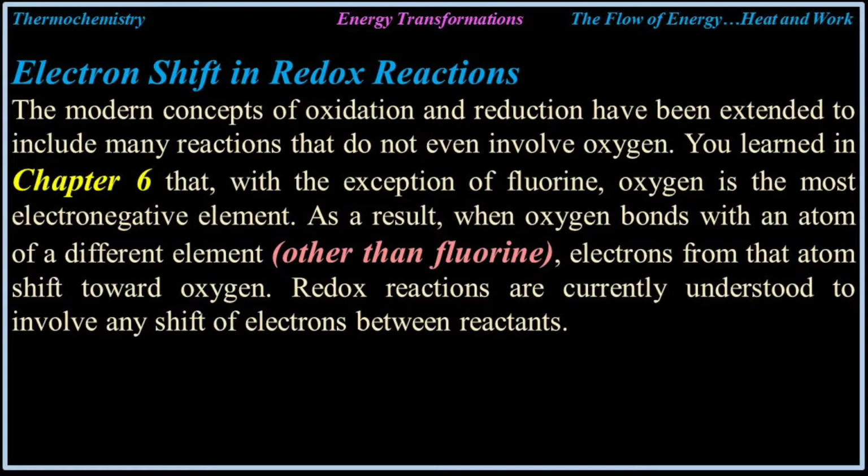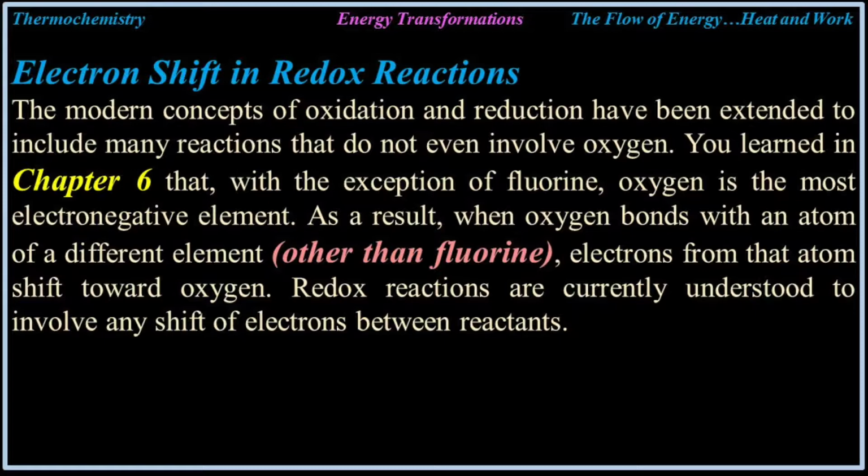Electron shift in redox reactions. The modern concepts of oxidation and reduction have been extended to include many reactions that do not even involve oxygen. You learned in Chapter 6 that, with the exception of fluorine, oxygen is the most electronegative element.